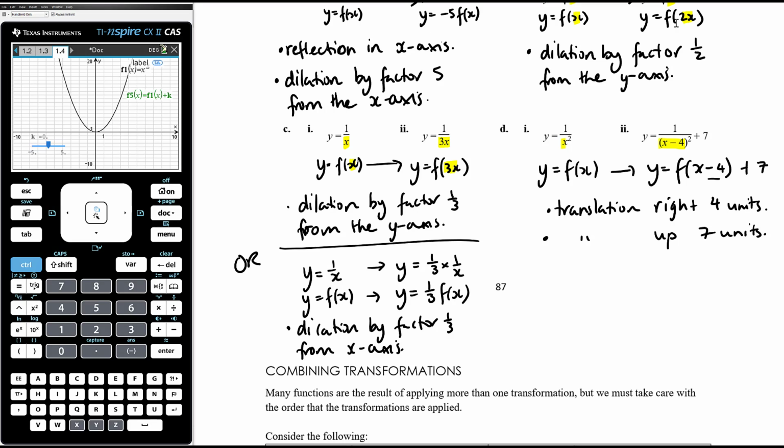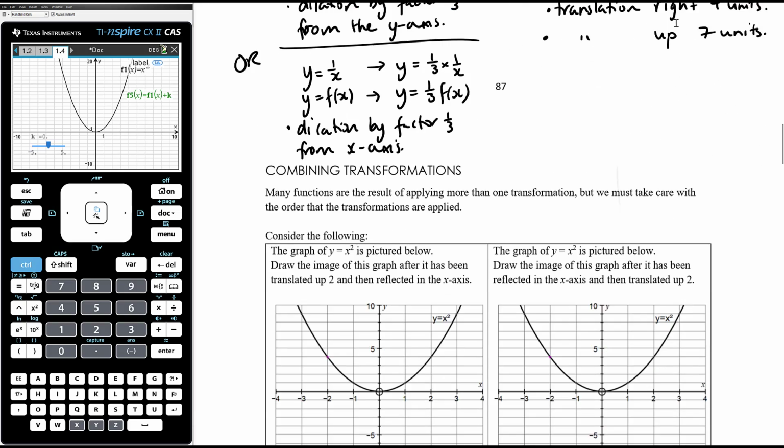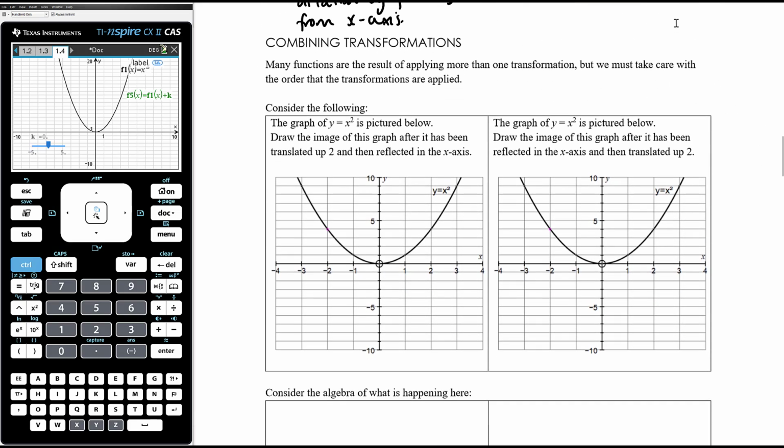So because they don't interfere with each other, we're not affecting the same coordinate. It doesn't matter what order we do them in, it's going to have the same result. Okay, whereas sometimes if you apply multiple transformations that affect the same coordinates, it matters the order that you apply them in, and that's what makes this tricky. Okay, so let's have a think about that in this example here.